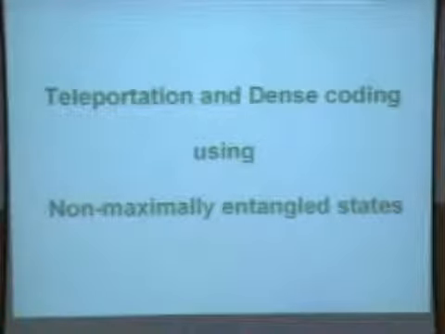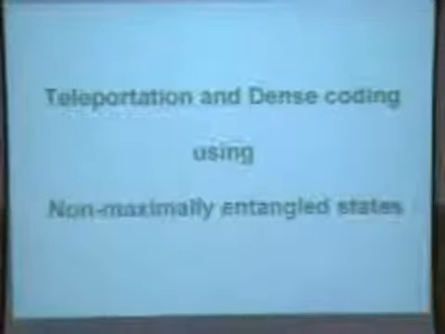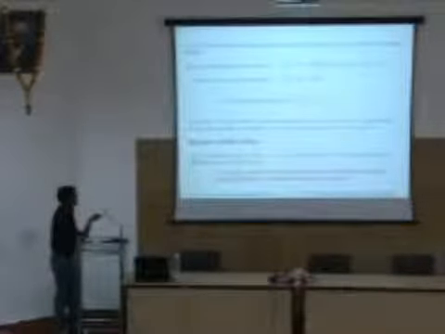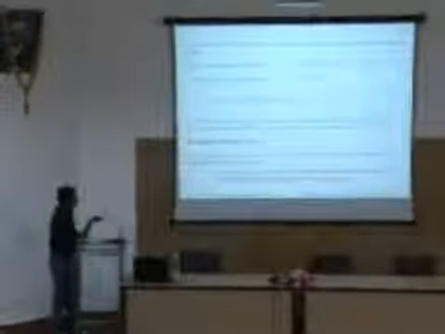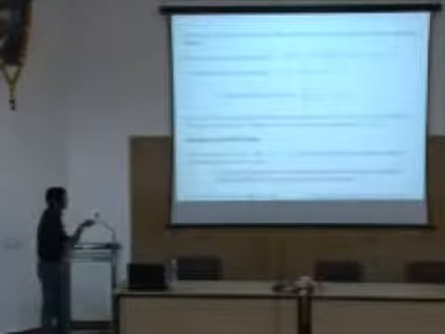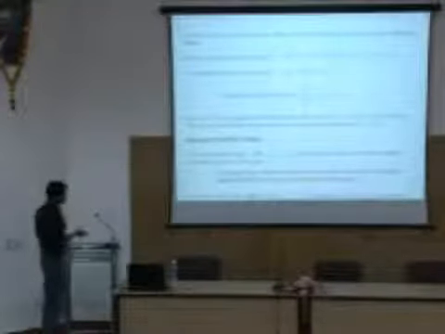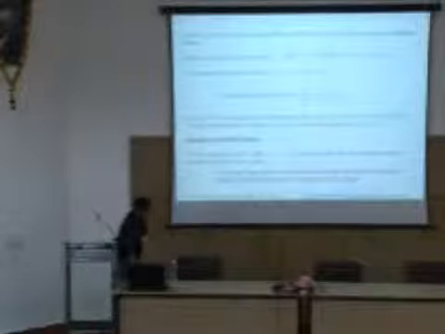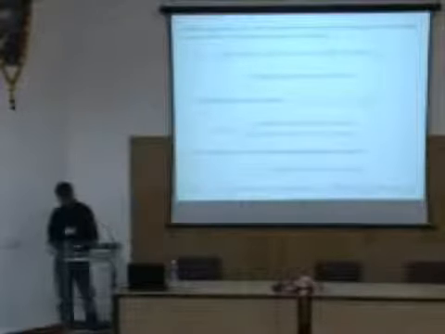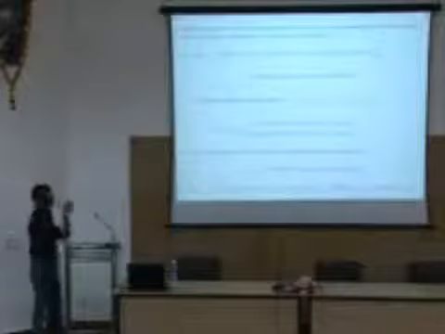Now, coming to teleportation and dense coding using non-maximally entangled states. When non-maximally entangled states such as W states have been used for teleporting a single particle, it has been found that the probability of teleportation depends on the coefficients of the unknown state, here represented as A and B. So what we have done is we have proposed different non-maximally entangled states.